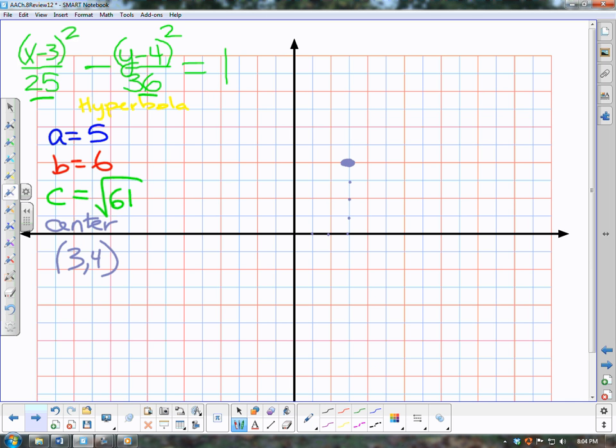a is 5, and a is underneath x, so it's 1, 2, 3, 4, 5 to the right, and 5 to the left. b is 6, so that means we would go down 6, and up 6, and that creates our rectangle, so we can make our asymptotes.